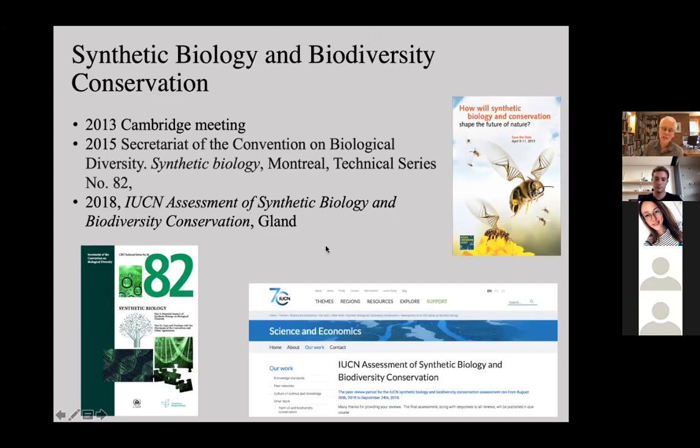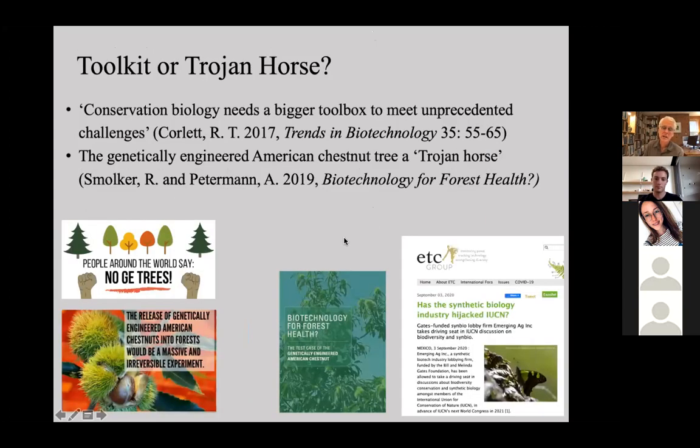The benefits I've outlined, and basically it comes down to two arguments as to whether genetic techniques offer a fantastic toolkit or a Trojan horse. And these are the two quotes that sit with it. The critique, for example, of the release of genetically engineered American chestnuts, described by parts of the environmental movement as a massive and irreversible experiment.